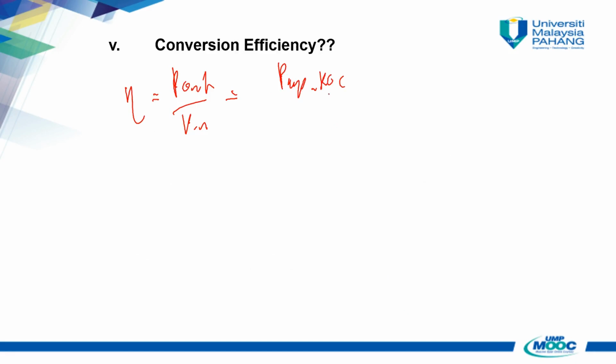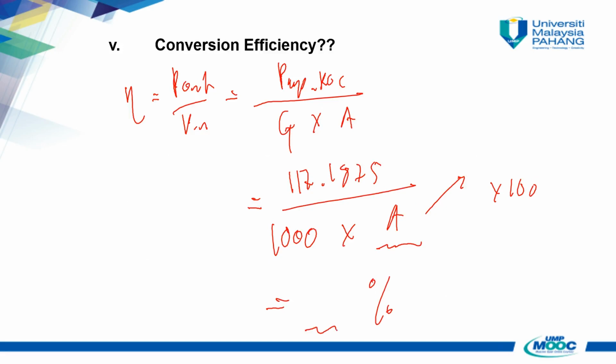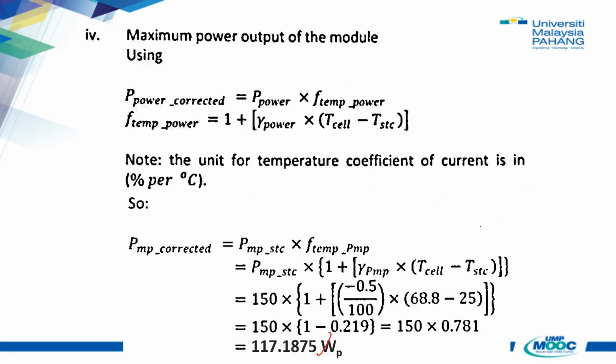PMP ROC over G multiplied with A. PMP ROC is 117.1875 over, because the STC irradiance is 1000, but the area is not given. If area is given, then you can solve it. Then multiply with 100 and you get percent. A will be given in the question, but in this question I think I did not give it.